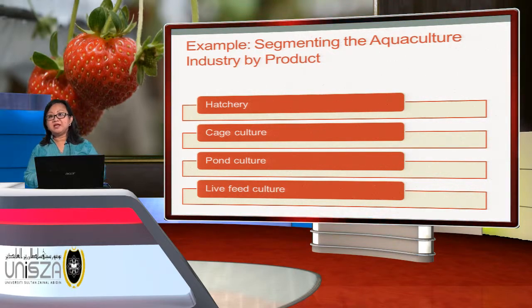Another product that comes from this industry is the production of live feed culture, which is the production of feed culture for small fishes and even for big fish. So this is an example that we can use in segmenting the aquaculture industry by product. We can also use the same approach for agriculture.